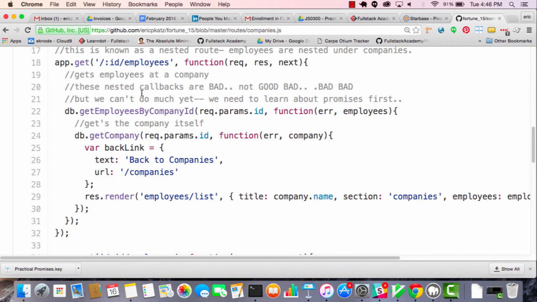Now, again, it's not going to work with callbacks, but if we restructured our code so getEmployeesByCompany returns the promise, and getCompany returns the promise, we'd have the ability to say to the Bluebird library, hey, we don't really care what the order is, but we only want to deal with when both these promises are satisfied. And so in that case, the promise libraries become pretty helpful.